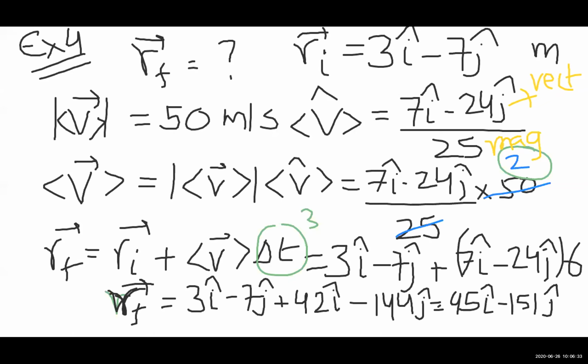Okay, next question is example 5. A spy plane is being tracked by a radar at t is equal to 0. RI दिया हुआ है, RF दिया हुआ है, बहुत ही आसान है. Example 5 I'm not going to do.